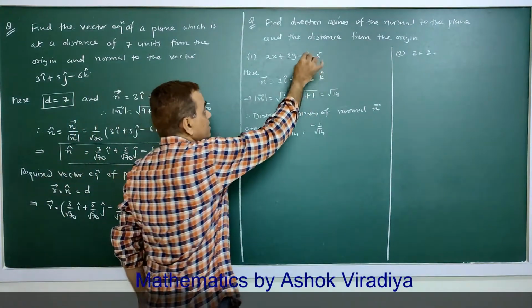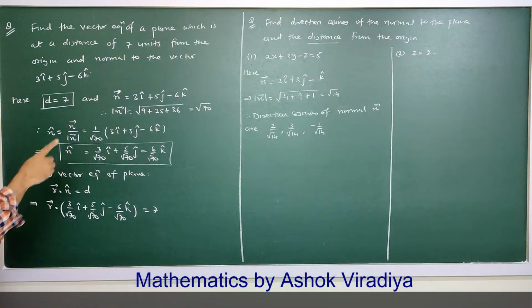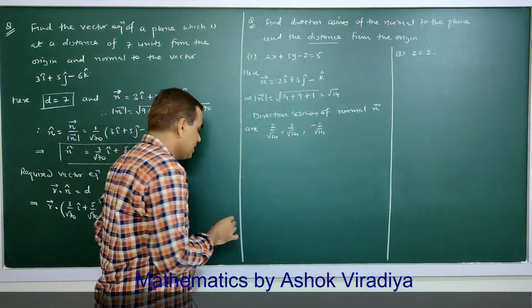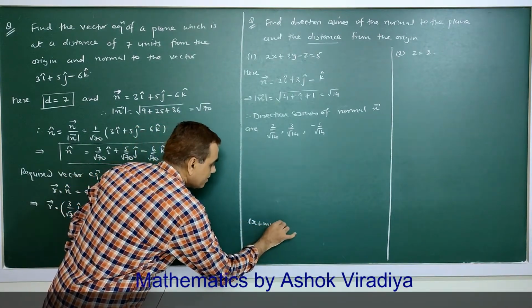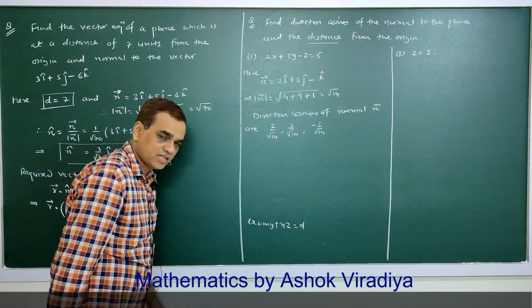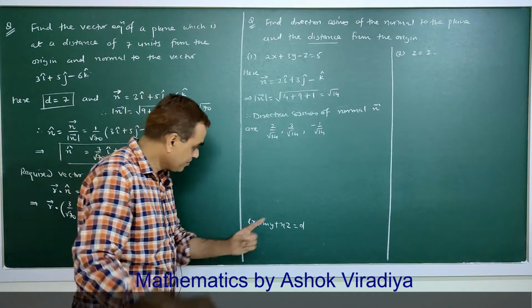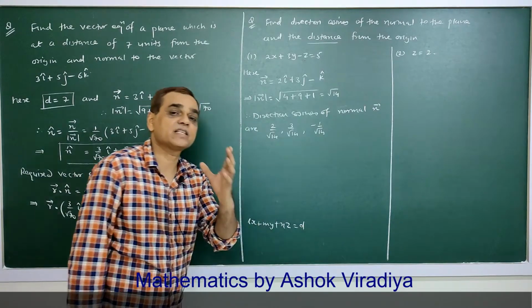Now to find the distance from the origin, we have to convert that equation into this form: r bar dot n cap equals d. That means if the equation is in this form, Lx plus my plus nz equals d, where L, M, N are direction cosines of the normal and this number is positive, then this represents the distance.